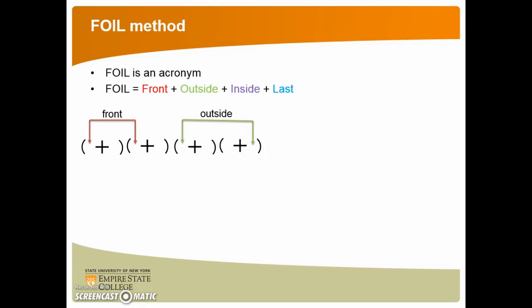The outsides are as far apart from each other in the two sets of parentheses. The insides are as close as possible. The lasts are the items at the ends of each set of parentheses. An example should help to clarify this FOIL method.